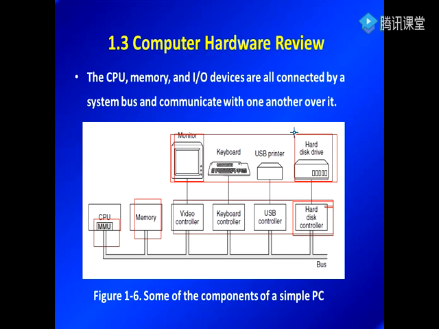The controller belongs to a certain hardware device. We'll talk about this later in more detail.